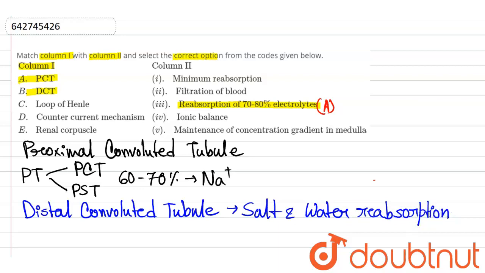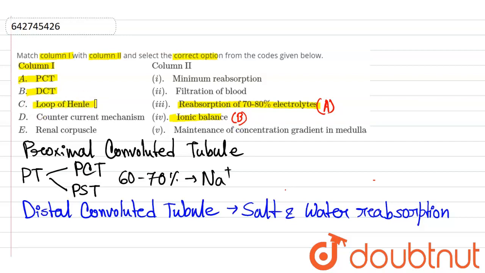Now, the distal convoluted tubule also plays a major role in the acid-base balance. So for DCT, the answer will be ionic balance. This is option B. Now the loop of Henle.